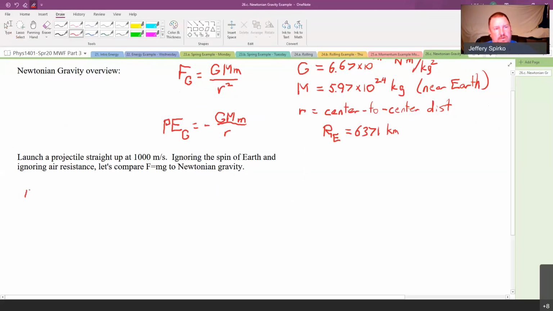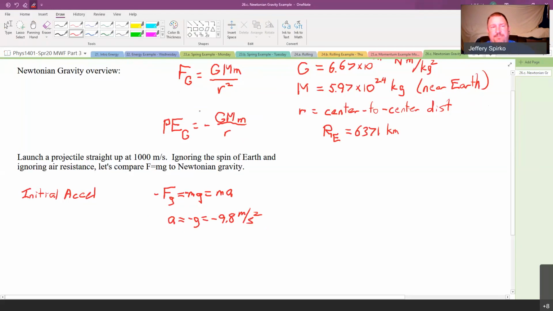So let's first look at the initial acceleration. If we use the force of lowercase g equals mg, that is ma, we should make it negative because it's downwards. And that will make a equals minus g, which is minus 9.8 meters per second squared.